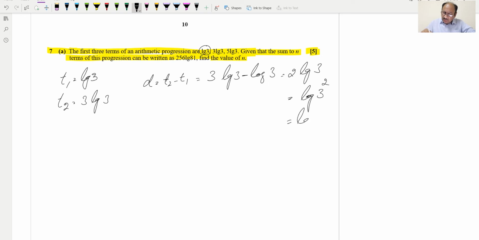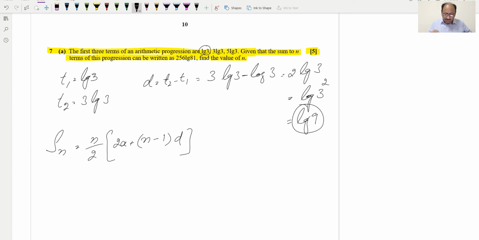So we can write log 9. Now this is the d, and now we can write Sn. Sn will be equal to n by 2 into (2a plus (n minus 1) into d).